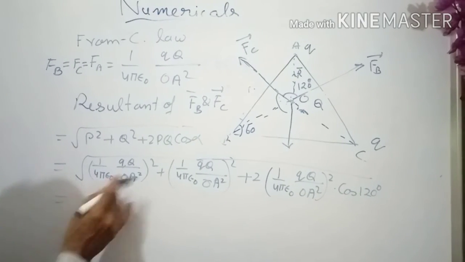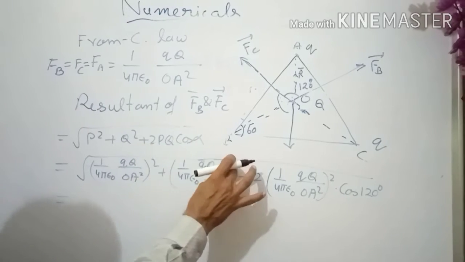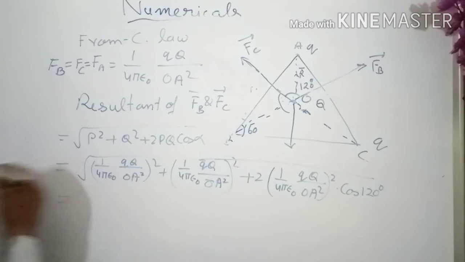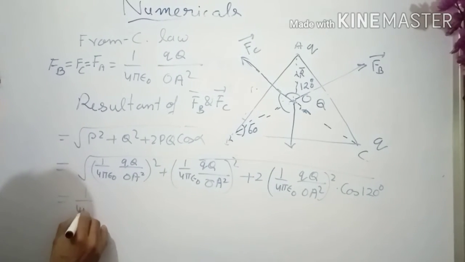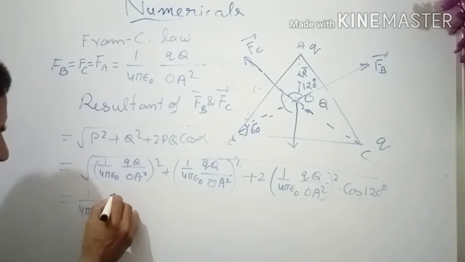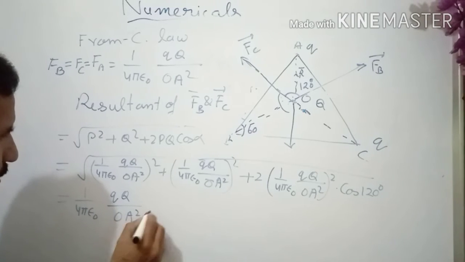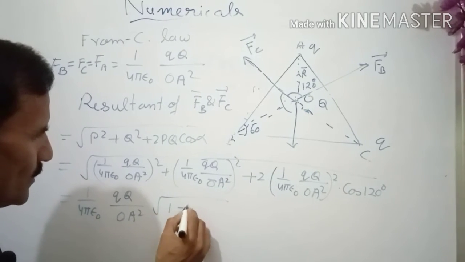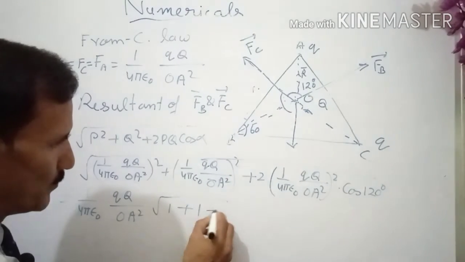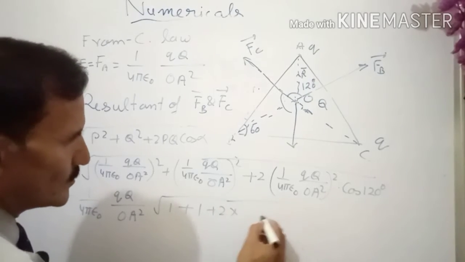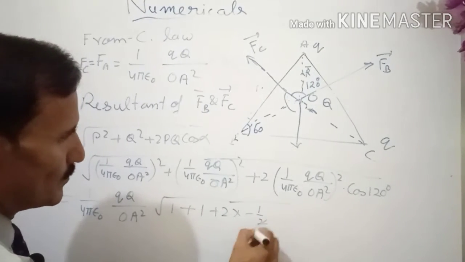So when you take the common factor, the square will vanish, so you are getting OA square, and here you will get 1 plus 1 and plus 2 into cos 120, which is nothing but minus 1 upon 2.